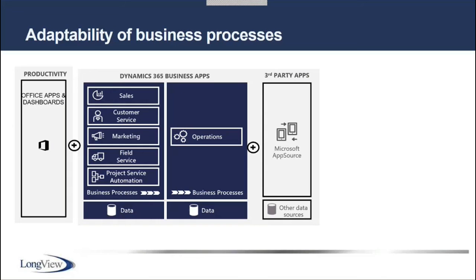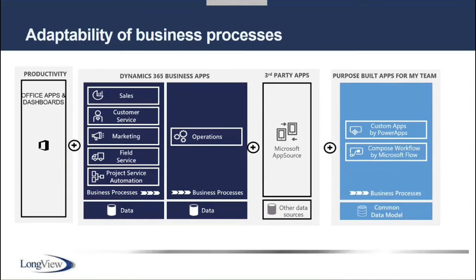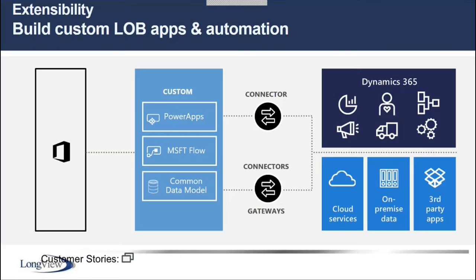So we can now take our business processes and adapt them across all three of these areas. We can take our productivity tools and tie them in with our business apps and our third-party apps, all using this common data model and common data flow, by utilizing either Microsoft Flow, PowerApps, business processes within applications, or just the data of the common data model. It's through all of these things that we can do a lot of really cool stuff.